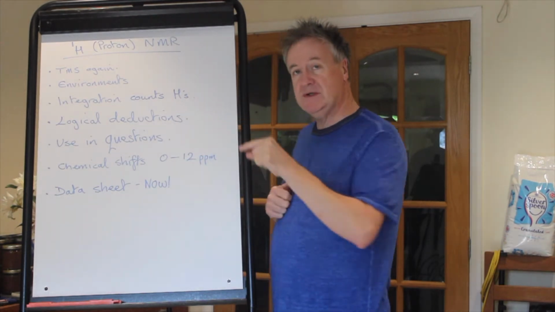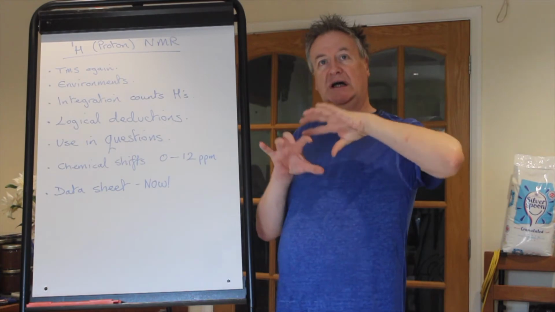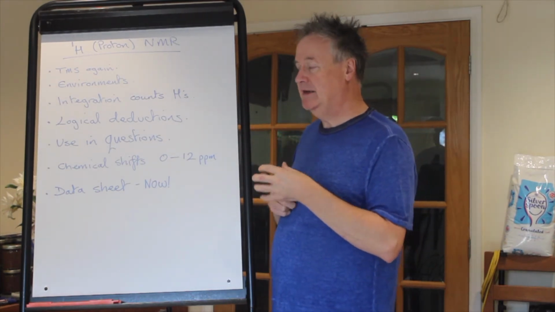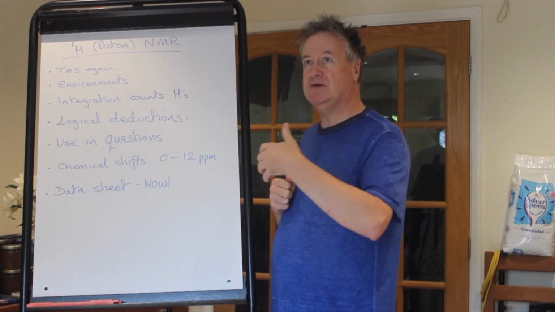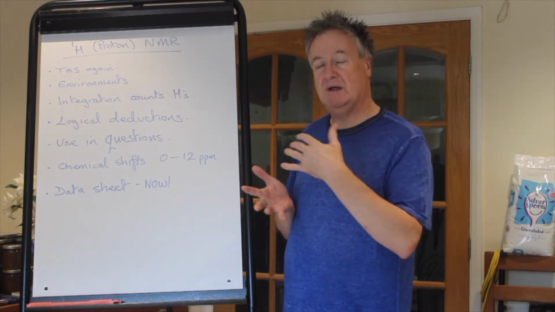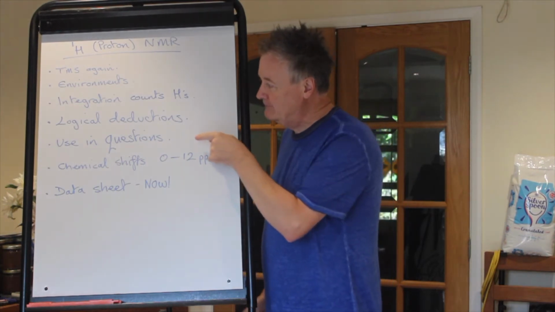So the use in questions is, it's part of a collection of information that you have to work through, and you have to present your thought processes and propose structures and check that they agree with all the evidence, and if they don't, you're probably close, and you come up with an isomer, most likely.